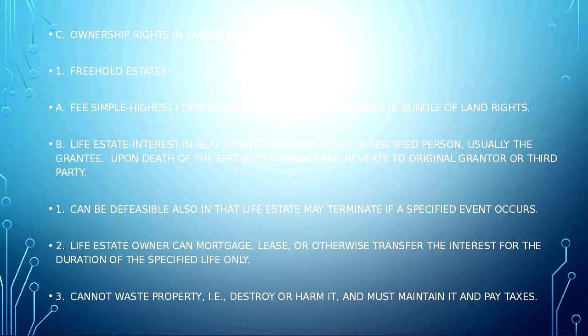So, classic case would be a home in which a testator in their will leaves their interest in a life estate for the life of the spouse. Once the surviving spouse dies, then the property is transferred to the children in equal amounts. That would be a classic illustration of a life estate.